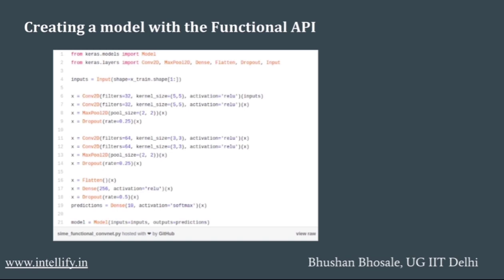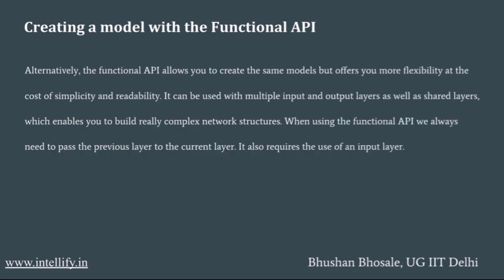First of all, we import Model from keras.models. Now we import the layers from keras.layers. Then we create the object inputs equal to Input(shape=(x_train.shape[1],)). Then we take x equal to and we pass the layer, as we said in the definition, that when using the functional API we always need to pass the previous layer to the current layer.